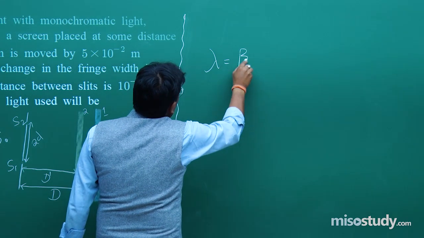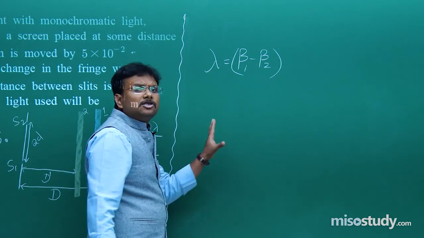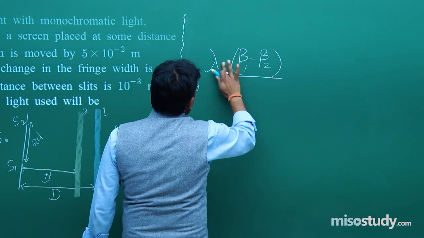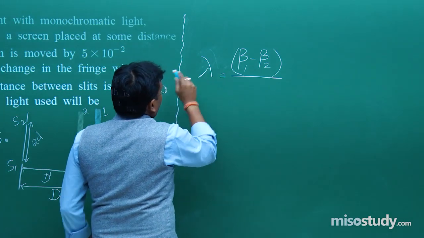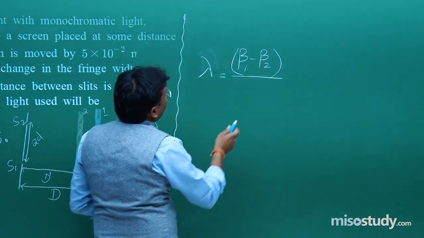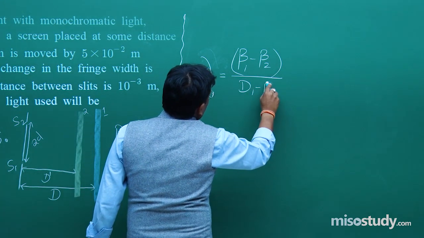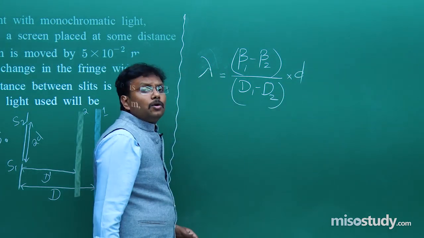Lambda is equal to beta 1 minus beta 2, simply rearrangement of the terms, nothing else, upon D1 minus D2, into d or 2d.